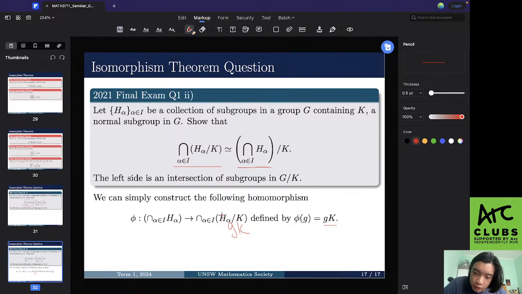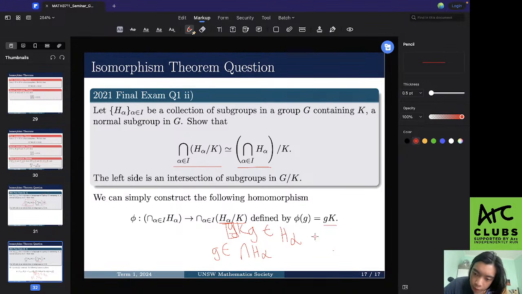Because obviously we have the intersection of everything in the form H_A on K, and we know that this is going to be the set of cosets where we have g being an element of H_A multiplied by K. We know that g is an element of H_A, but then we also know that gK is an element of every single thing in the form of H_A on K. So we realize that this element right here, our g, because it has to be a part of H_A for every single H_A that exists, is also an element of the intersection of all the H_A's.